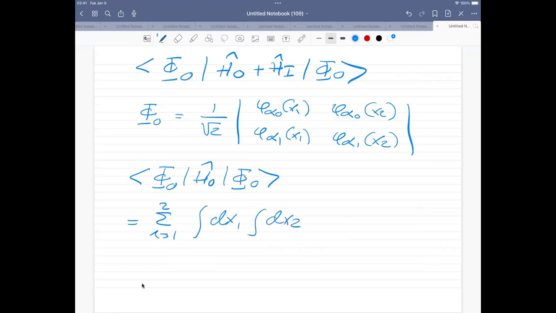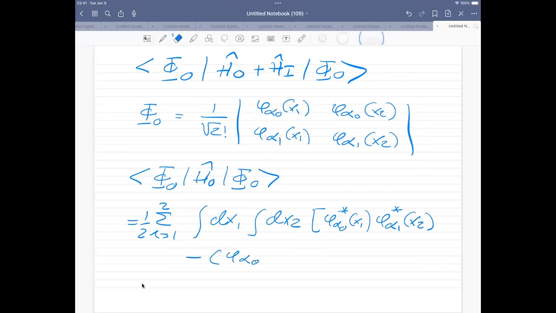These are just dummy variables. And then I'm going to multiply the bra and ket sides. So I'm going to have a factor of a half, I have a factor of 2 factorial. And then I'm getting the determinant for the left-hand side. So phi alpha 1 of x2 minus, and then I have phi alpha, no, not that one.